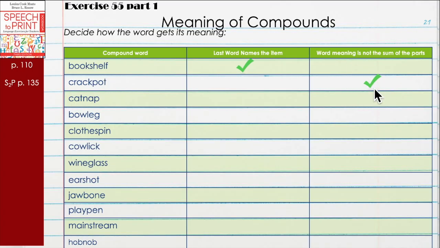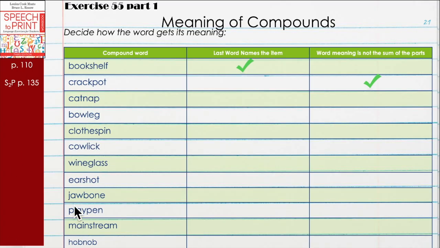It does not make the sum of its parts. The funny thing is think about in the history of the word, the last thing you wanted, the thing that could totally ruin your day, is to get a crack in your pot. And it was just crazy. It was just not fun to deal with. So that word has evolved into, well, you're a crackpot. You're useless. You're not something I want to have happen. And so it's really kind of fun to joke around with the cleverness and the humor of our English language based off some of these compounds.